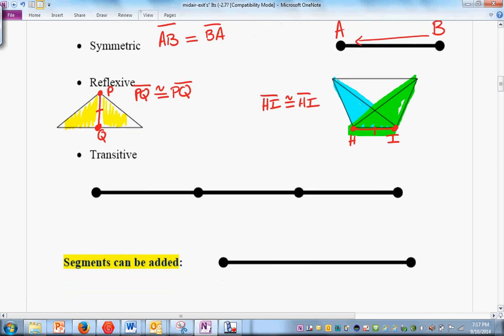Transitive. Let's say I have the points D, O, G, S. And let's say in this I knew that the segments DO and OG were congruent.